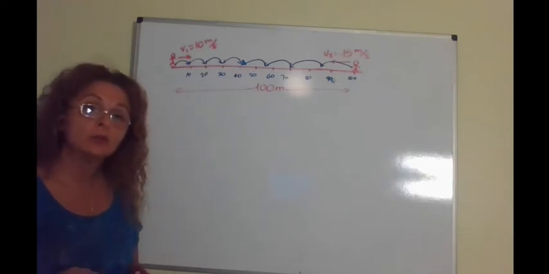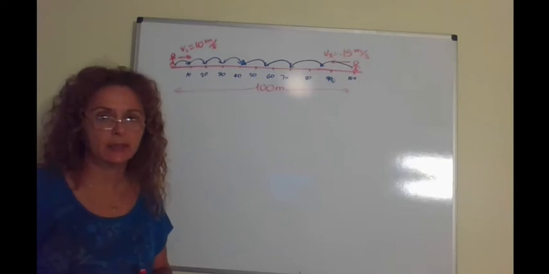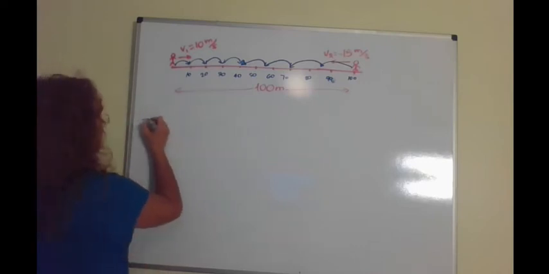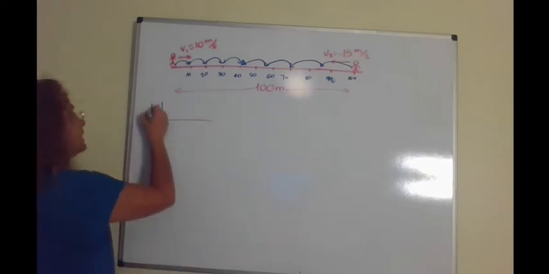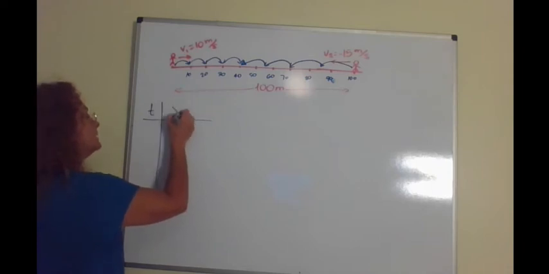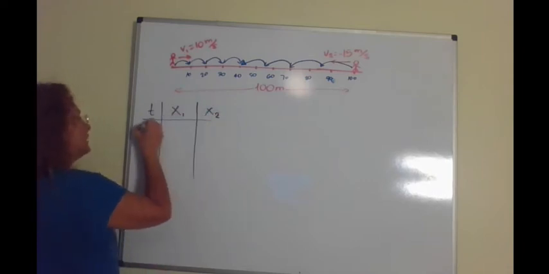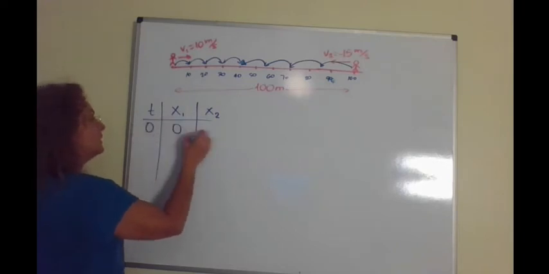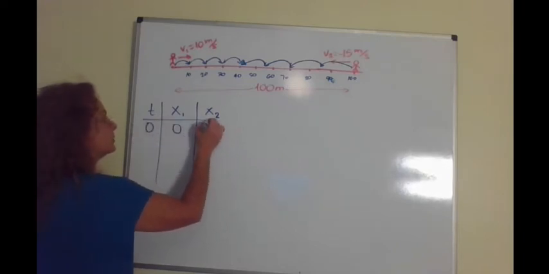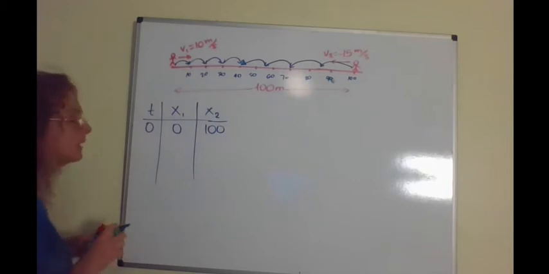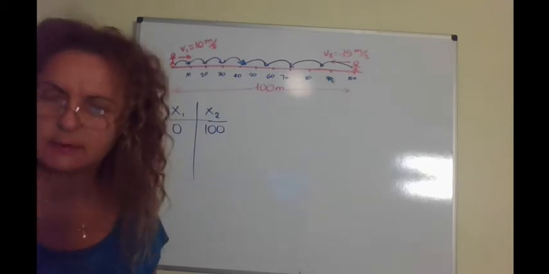Now, could I do it with tables? Yes, I could. As time passes, let's see the position of each one of them. So at time 0, he is at position 0, while he is at position 100. Maybe I should add the velocities.